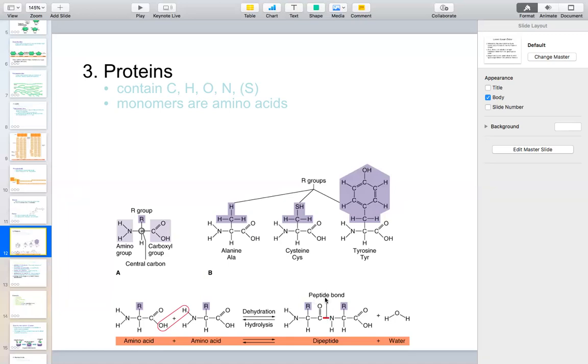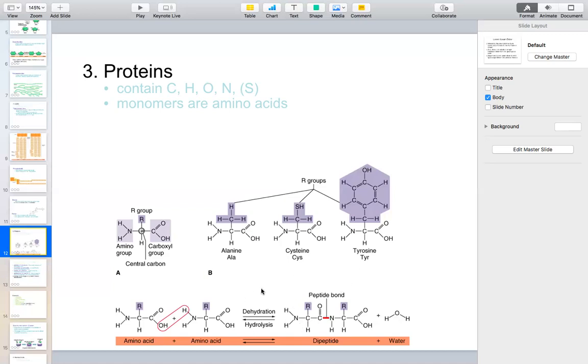We actually call it a peptide bond. So what happens when we make a covalent bond between a nitrogen and a carbon through dehydration synthesis? We call that a peptide bond. You can break down peptide bonds, again, as a covalent bond with hydrolysis. So again, the chemical reaction goes in both directions.